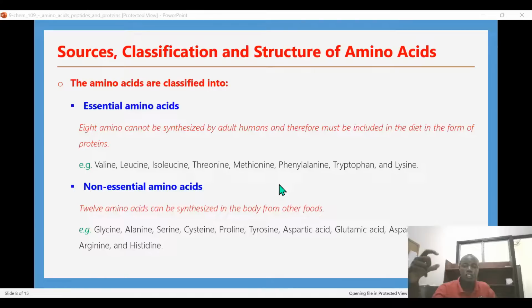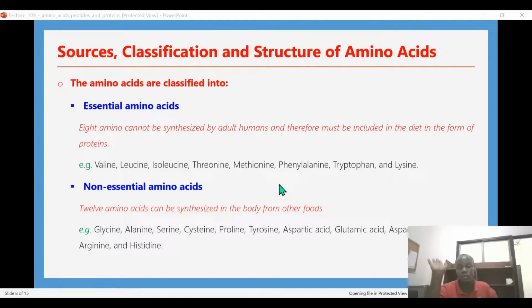The most important thing you should understand at this point is that generally we have over 300 amino acids. But the most important ones that are found in proteins are 20.